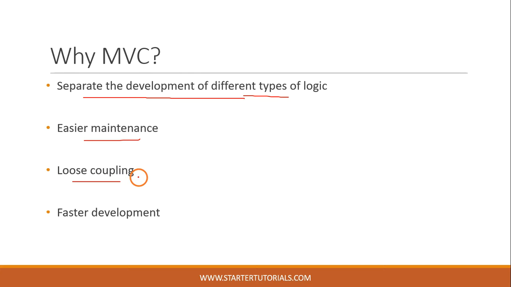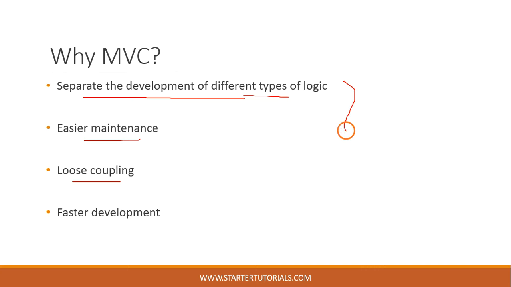So the dependencies between all the three components is very less, that is, the changes you make in one component do not affect the other components. So for example, if you need to change the data access component, which is the model, you just need to change the Java beans code. No need to interfere with the JSP or servlets.